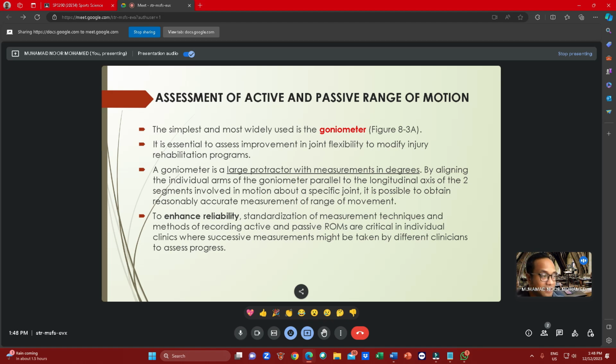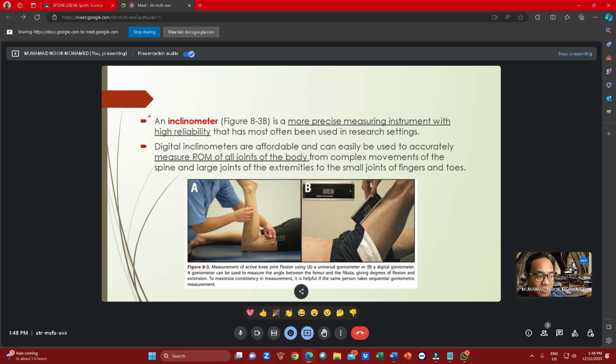This is the easiest way to determine range of motion. This is an example of a goniometer. The first one is an analog goniometer, where we use a 360 protractor and two limbs.